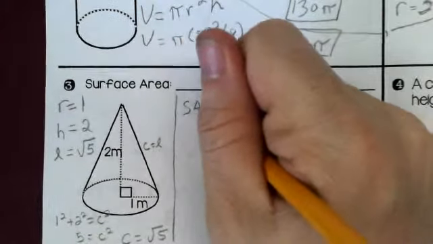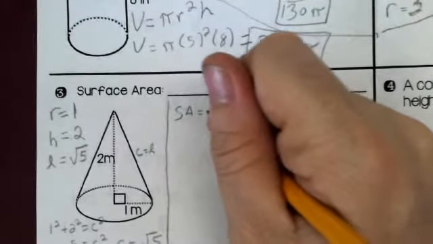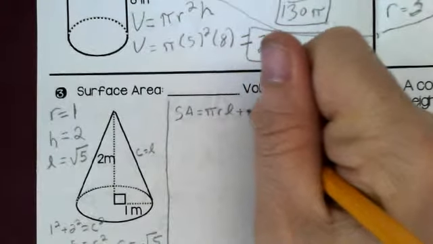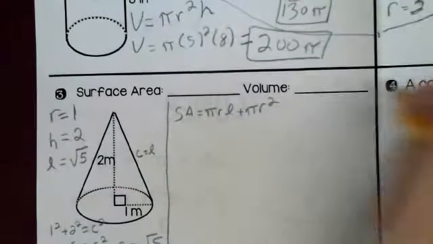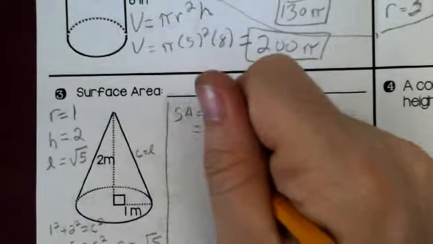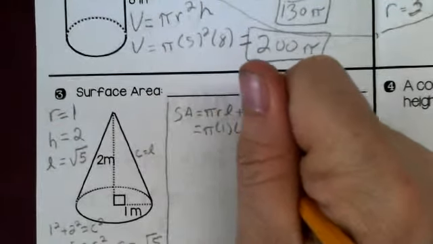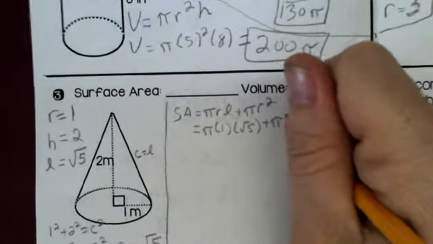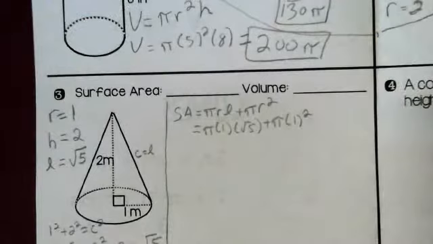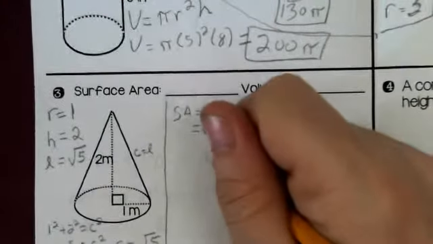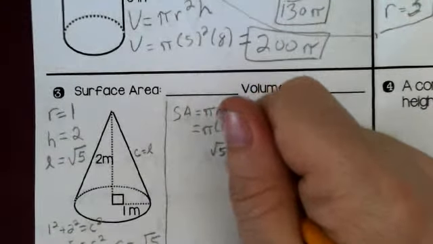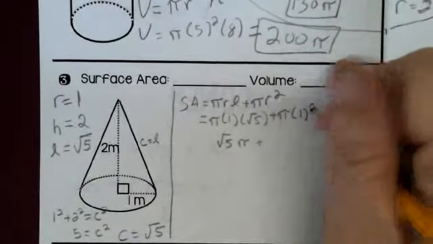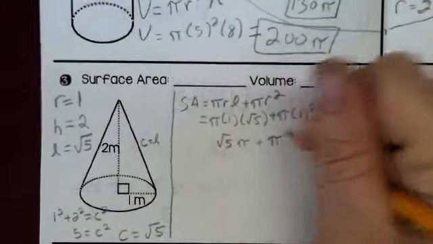Our formula for surface area again was surface area equals pi r L plus pi r squared. So I put pi times 1 times the square root of 5 plus pi times 1 squared. Well, this gives me the square root of 5 pi plus, well, 1 squared is just 1, so that just gives me pi.